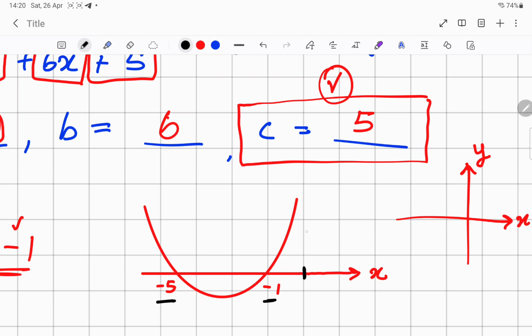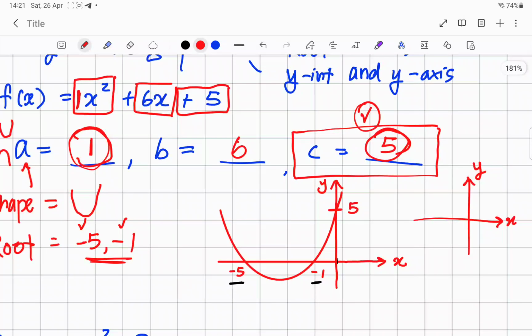You draw the y-axis at the 0 here. I extend the graph a bit, and you will see this graph cuts through the y-axis. The place they cut through is actually this value, your C, so 5. So this is your quadratic graph, settled already.